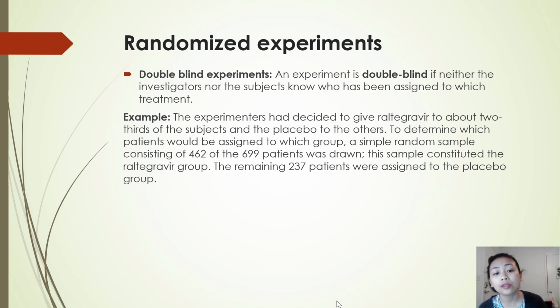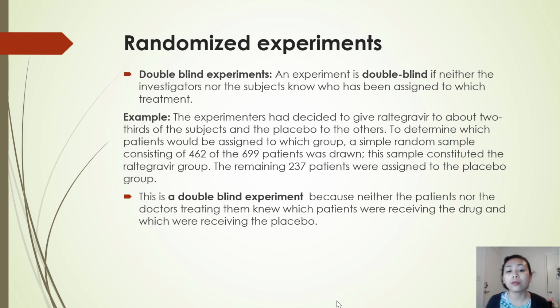To determine which patients would be assigned to which group, a simple random sample of 462 of the 699 patients was drawn, and that sample constituted the rotogravir group. The remaining 237 patients were assigned to the placebo group. This is a double blind experiment because neither the patient nor the doctor treating them knew which patient was receiving the drug and which was receiving a placebo.